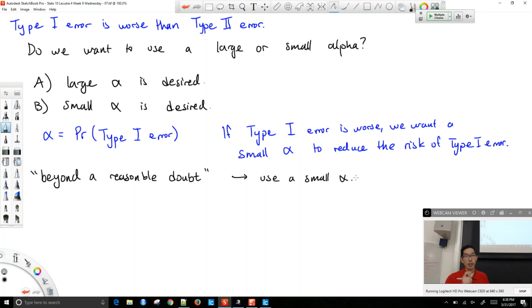Okay? However, they don't say only convict if you're 100% absolutely sure, right? Why don't they say 100% sure? They do not say be 100% sure, because that's not possible, right? We don't have all of the data.